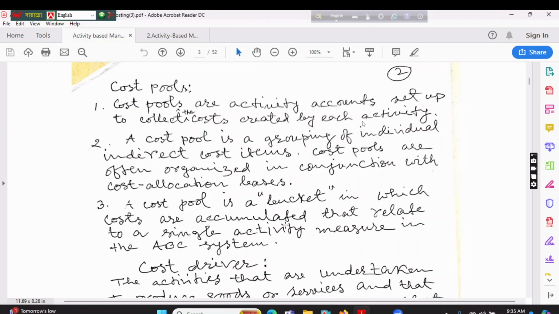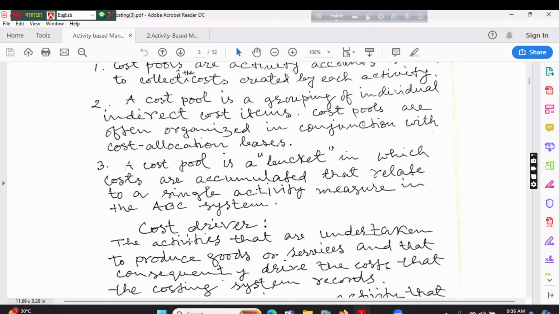Earlier, we mentioned this activity account. So a cost pool is a bucket in which costs are accumulated that relate to a single activity. So for a single activity, a cost pool is created. A cost pool is measured in the ABC system, that means activity-based costing system.